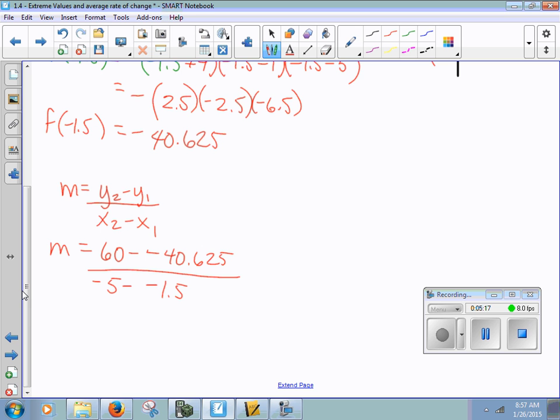Why? Because I'm not going to let you use calculators, so that would just be evil. I'm not that evil. I can be evil, but I'm not that evil. But you know as well as I do that minus a negative is plus a positive, right? And the same thing down here. Minus negative 1.5 is actually plus 1.5.